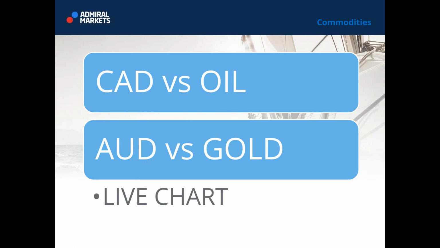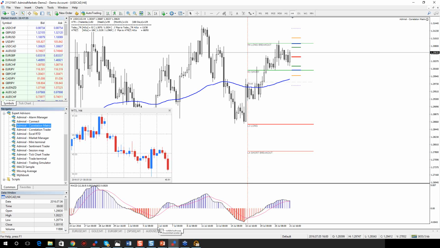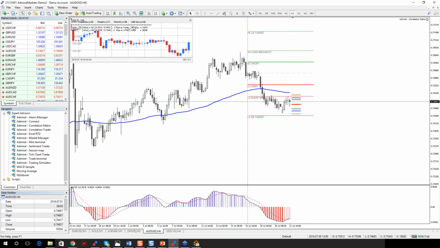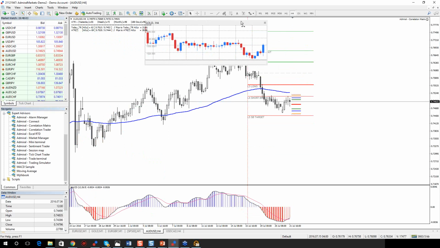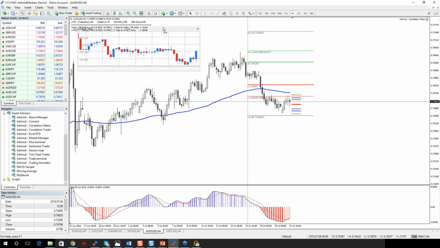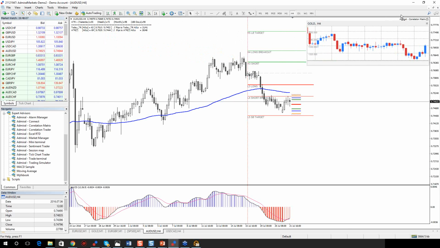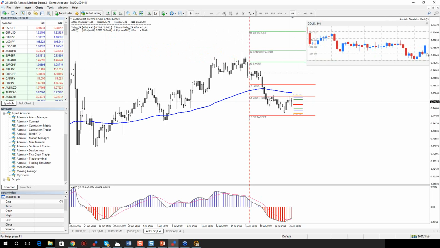Okay, now if we open our chart again, well, guys, this is something new. This is a mini chart. It's part of the new Admiral Market Supreme, and I will make a webinar about the new Admiral Market Supreme edition next month. So you see 4-hour gold and also watch the 4-hour Australian dollar.